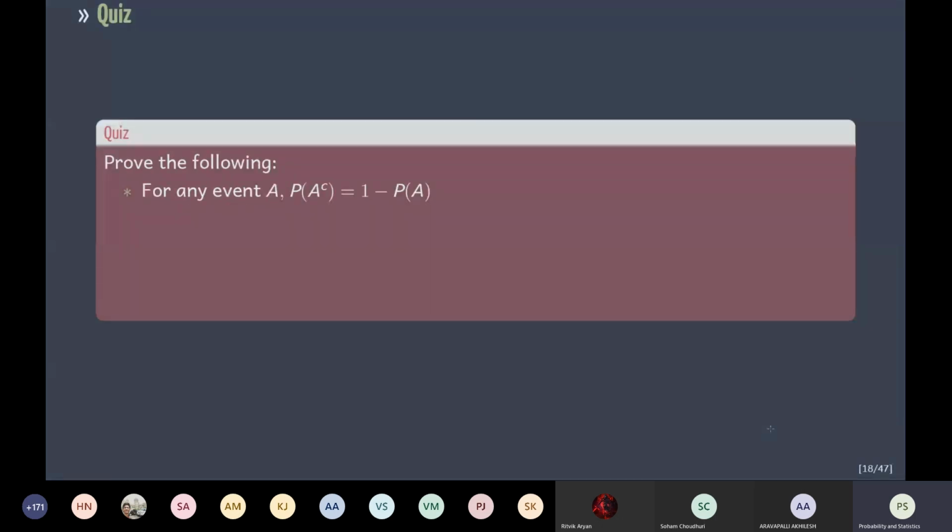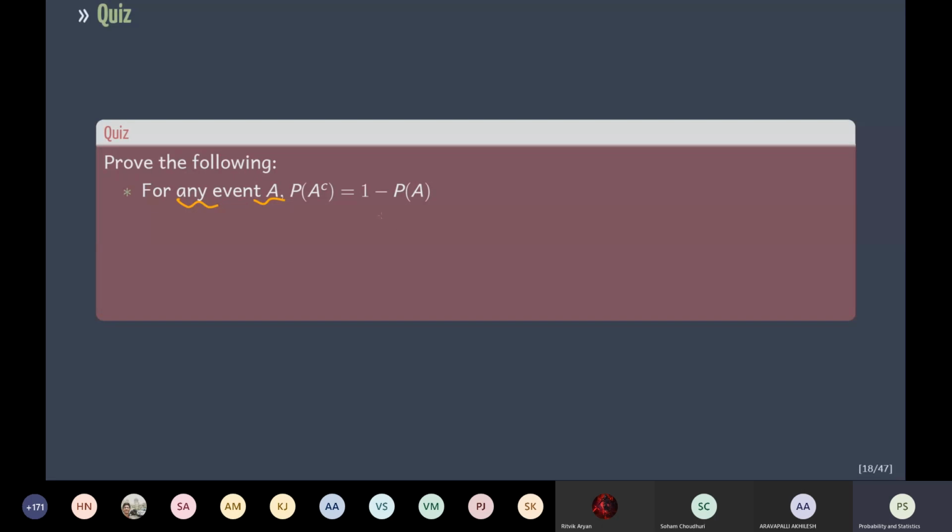Okay, so using the axioms of probability, we can prove some of the results. For instance, for any event A, we have the probability of A complement is 1 minus the probability of A. Okay, so this can be proved easily. We have to prove this using the probability axioms, right?